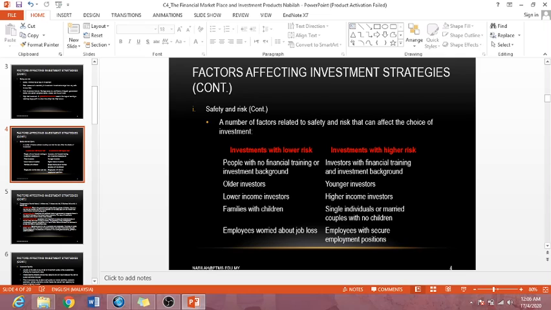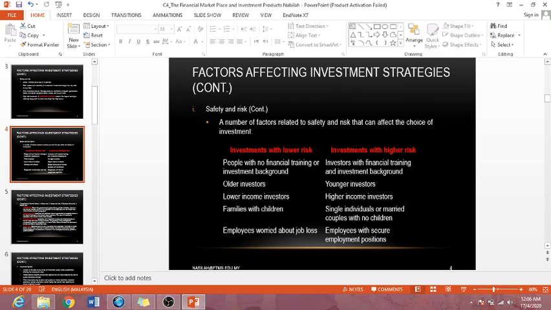Other than that, lower income investors: because their income is not high enough to invest in higher risk, they involve themselves with lower risk. If anything happens, it will not affect them too much, because they only involve themselves with lower risk.